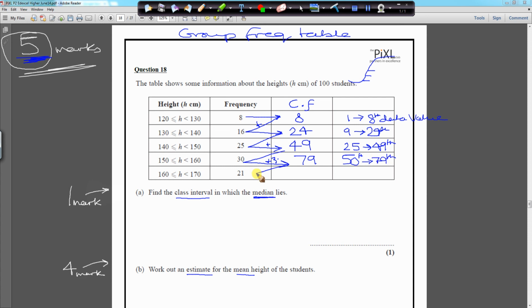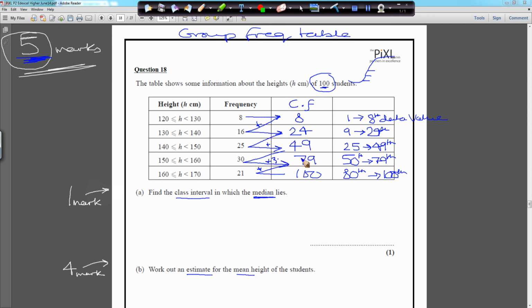Now the last part, we add the 21: 79 add 21 gives you 100. This number should tally with the total frequency, they should be the same. So between 79 and 100, this covers the 80th value towards the 100th value.